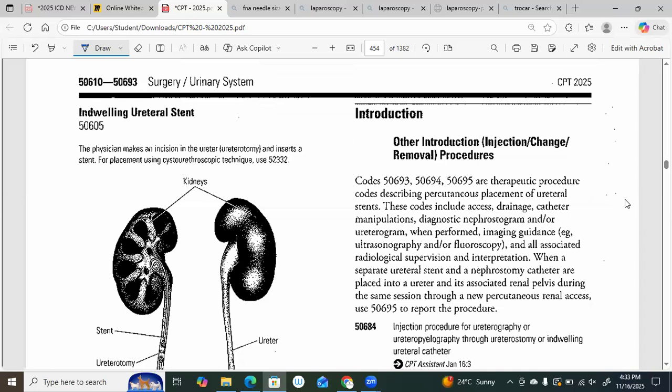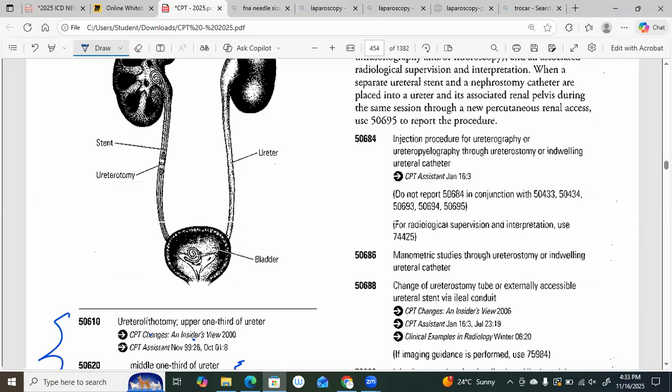Okay, let's move to the introduction section then. So it's the same as a normal procedure. In the introduction section, we are getting the codes for the injection, instillation, as well as the aspiration. We do have a code for manometric studies.